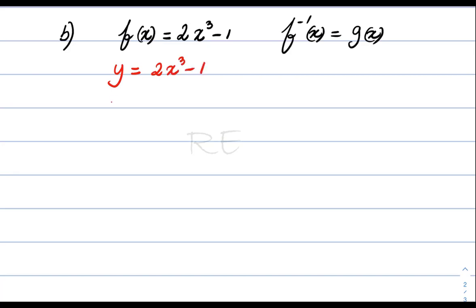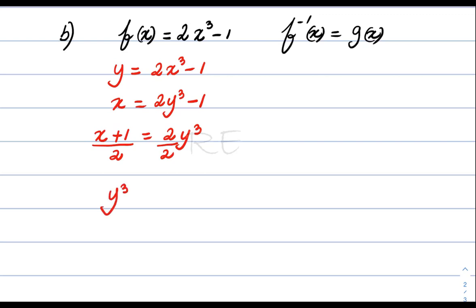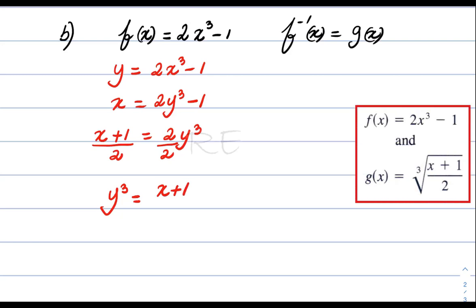Y is equal to 2x cubed minus 1. Swap y for x. X is equal to 2y cubed minus 1. Add 1 to both sides. X plus 1 is equal to 2y cubed. Divide by 2. We get y cubed is equal to x plus 1 over 2.